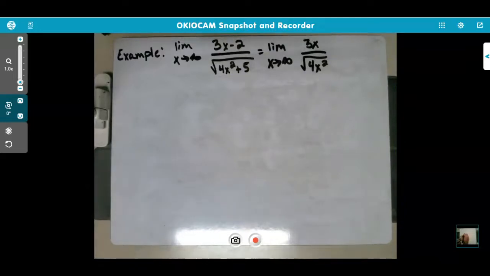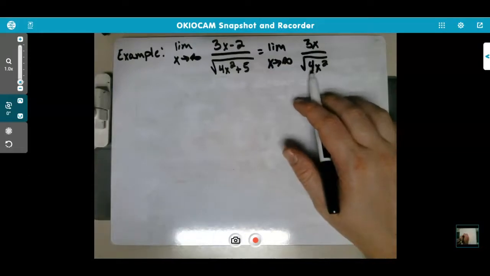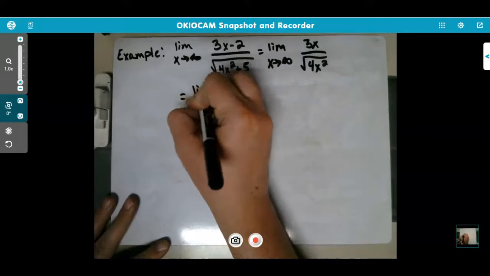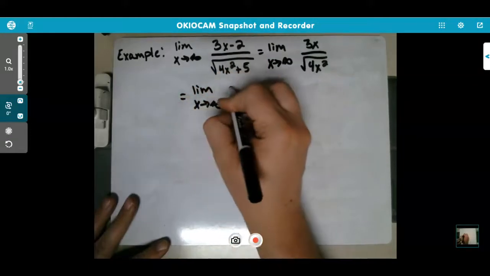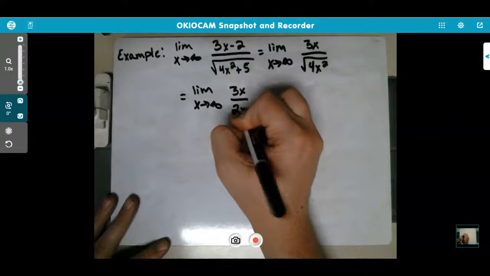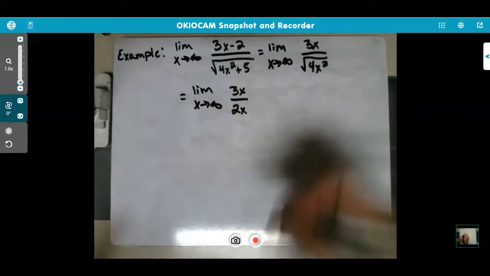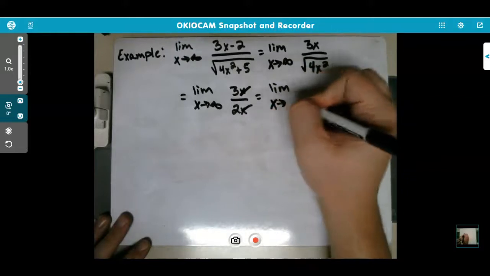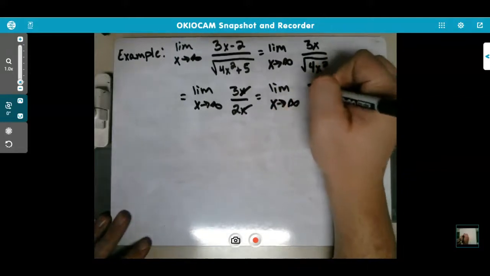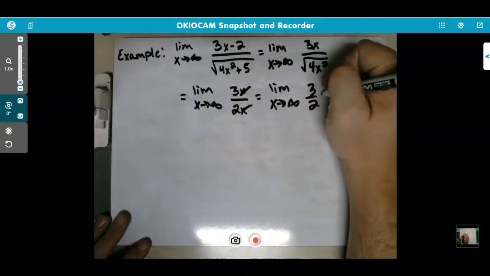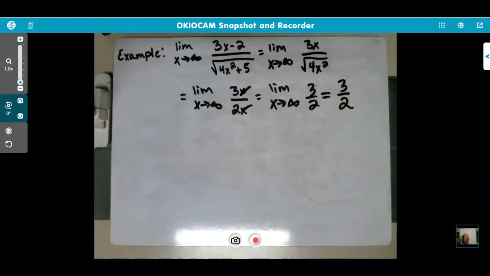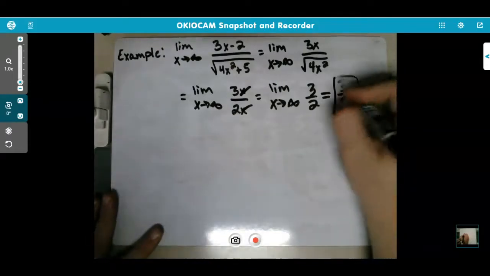Well, what's really nice about that is we know that the square root of 4 is 2, the square root of x squared is x. So this is the same as the limit as x goes to infinity of 3x over 2x. The x's cancel out, so we're left with just the limit as x goes to infinity of 3 over 2. That is a constant, so positive 3 over 2 there.